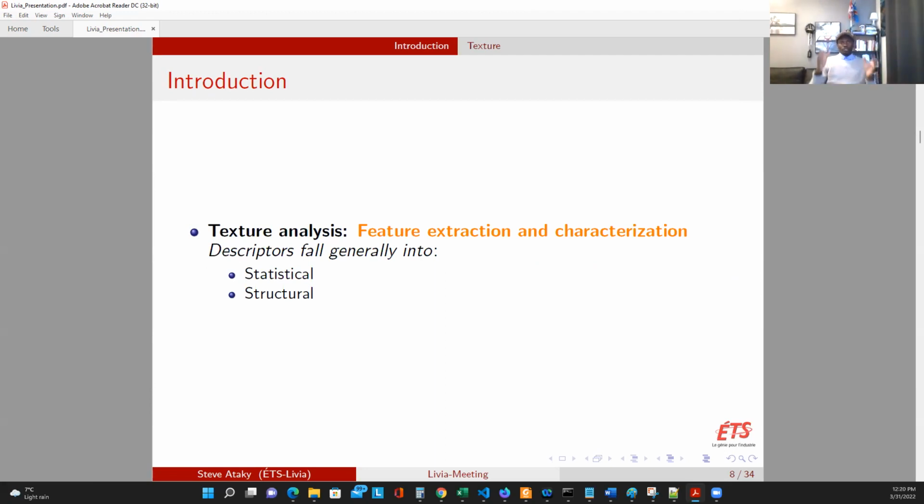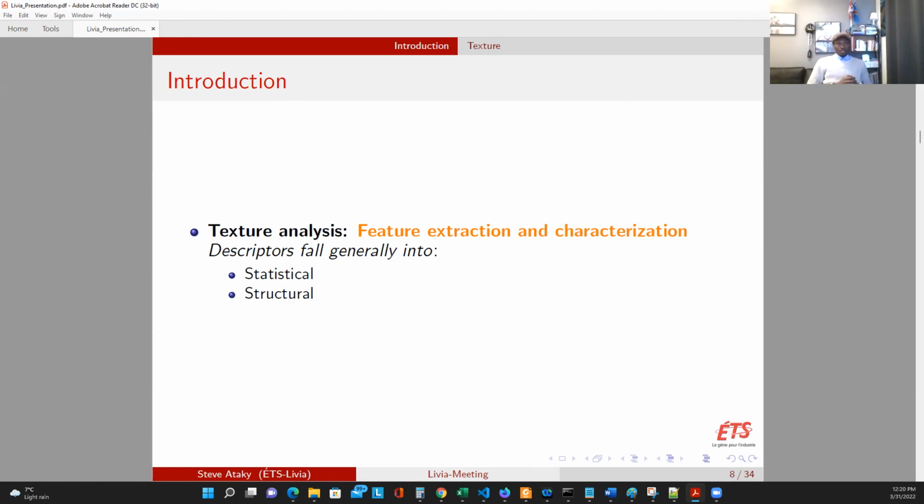Now, when we talk about feature extraction for texture characterization, descriptors fall generally into two categories, which are statistical and structural. When we talk about statistical, here we attempt to determine how some image properties related to its texture may be distributed, and then we can derive numerical texture measures from the computed distributions.